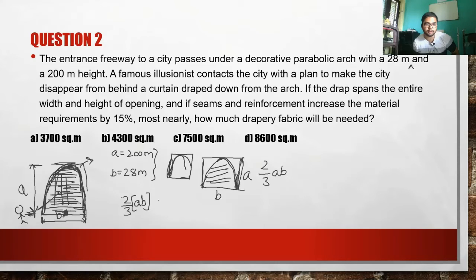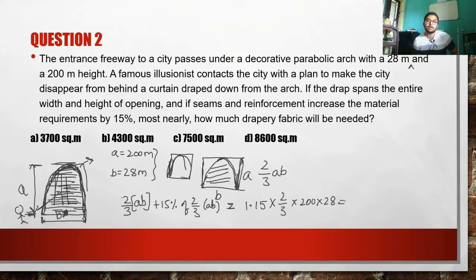That means plus 15% of this area of the parabola, that is 2/3 AB again. So this 15% can be written as 0.15, that means the total will be 1.15 times 2/3 of AB. A is 200 and B is 28, in meters.